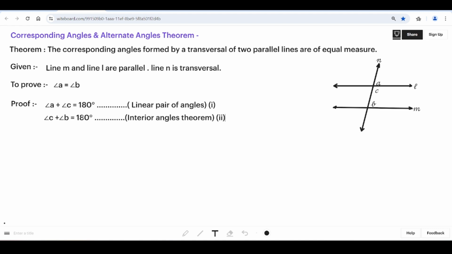Now see, both the equations are equal to 180 degrees. So the left hand sides of both the equations can be equated. That is, angle A plus angle C is equal to angle C plus angle B. Right? This is from 1 and 2.